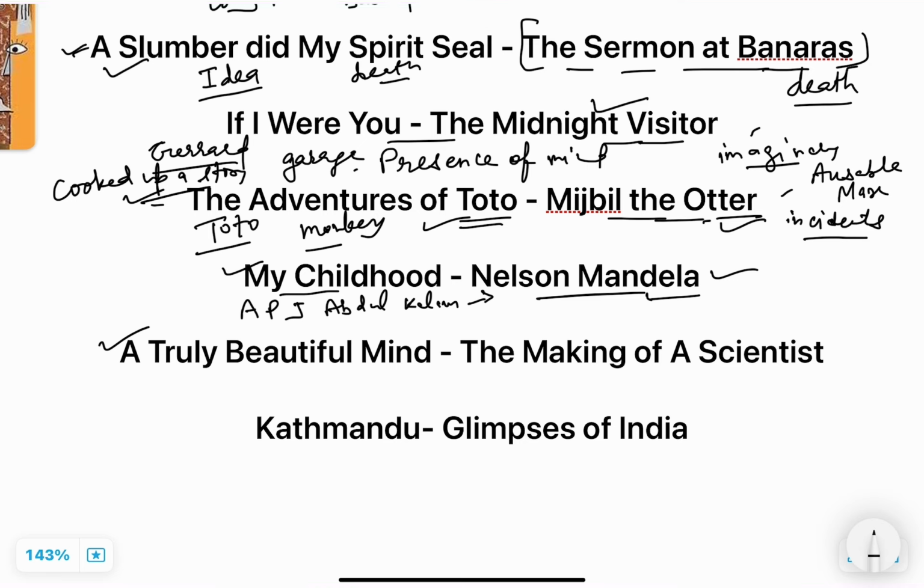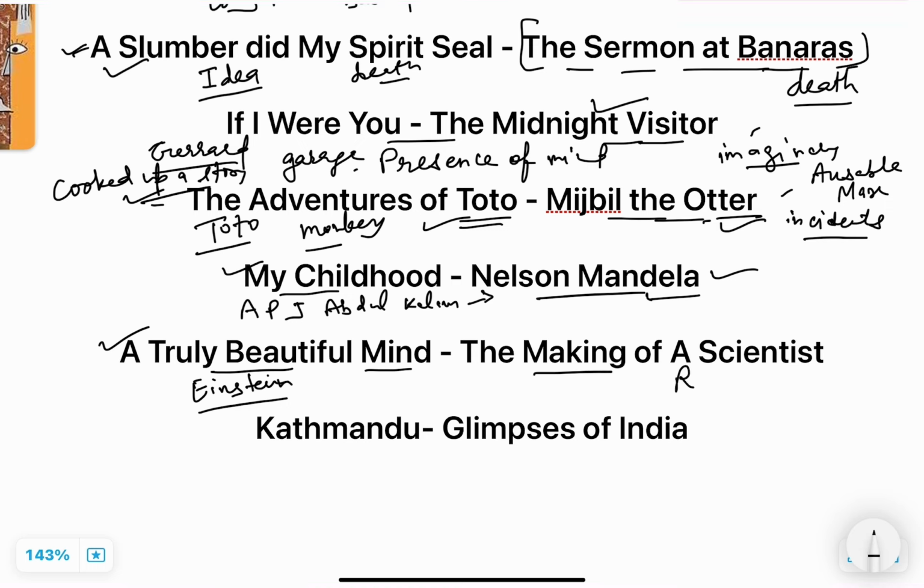Next, you can correlate this topic, A Truly Beautiful Mind. This was the story of a scientist, Albert Einstein. In this chapter we read about Albert Einstein, how he was as a student, what his thoughts were, and how he became a well-known scientist.